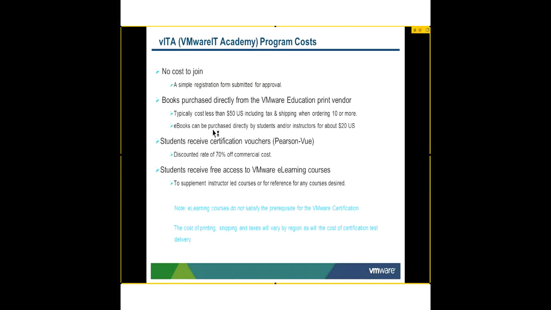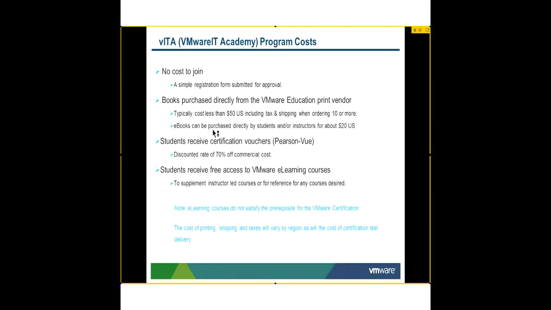Okay. Now, as I mentioned, there's no cost to join the program. For courseware, you purchase it directly from VMware Education's printing vendor, and printed books are around $50 US plus shipping. Ebooks are under $20, and we even have it arranged for some of the very popular ebooks that the students can purchase them directly.